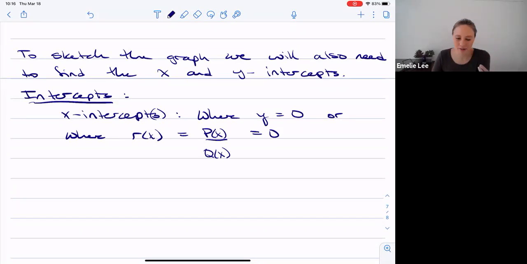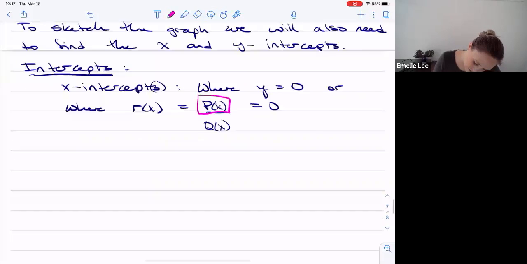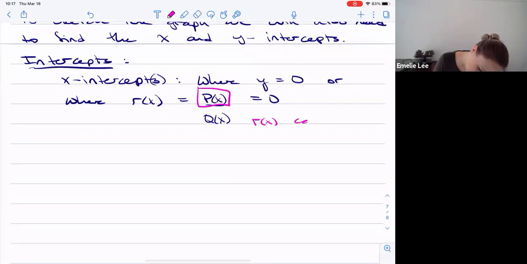What we need to remember is that this whole fraction, or quotient, we'll call it later, which is confusing, so I'll call it a fraction, can only equal 0 if P of X equals 0.